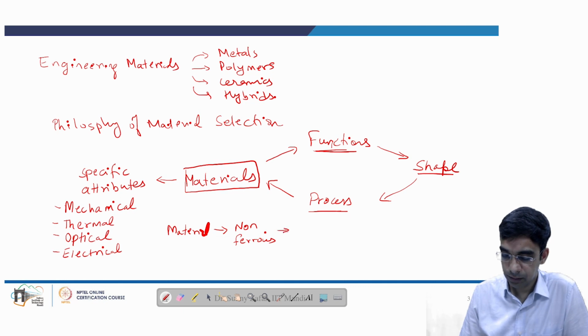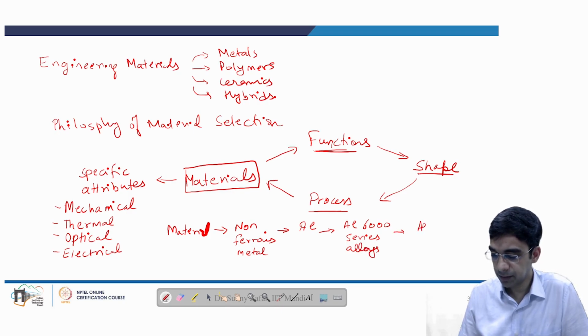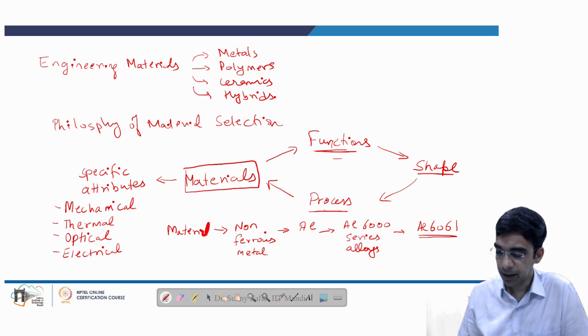In non-ferrous, for any application, if we are choosing aluminium based metals, aluminium has several alloy series like aluminium 6000 series alloy, and then in this series of alloy we will further have specific alloys, say aluminium 6061, which will be having specific attributes, and these specific attributes will be matching to the functionality, the shape, and consequently selection of the manufacturing process.